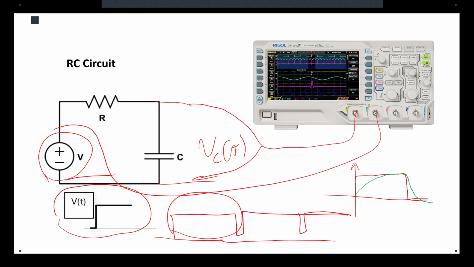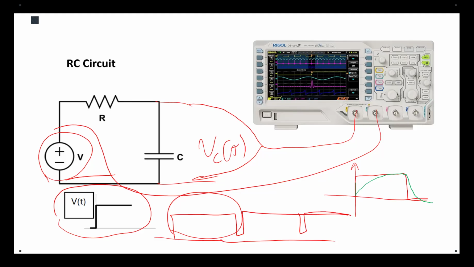We know the definition of the tau: it is the time that it takes your output to get to 63% of your final value. Our final value is not going to be higher than the input. It's going to be 99% of that input. It is 1 volt in our lab assignment, so the final value is 0.99. You can assume 1. It's very close.